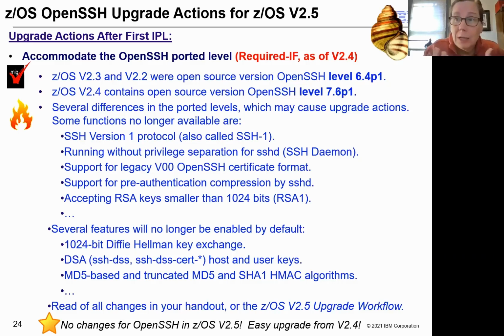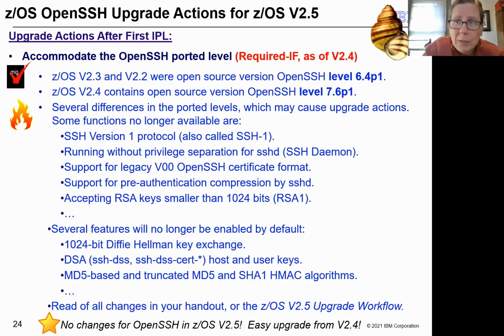So we've done a lot to try to help with this, and we have a health check to identify the items that are no longer available to see if you're using them, as well as understanding that there are higher default changes, and we're trying to identify to you that you're using an old default and the new default has changed. So this health check is actually quite extensive, and it has a lot of response in that health check, and you'll want to take a look at that carefully to see what you have.